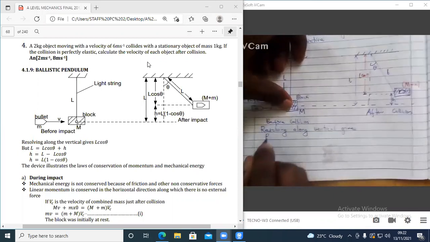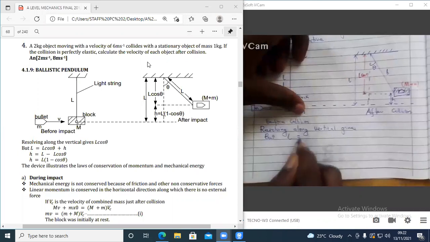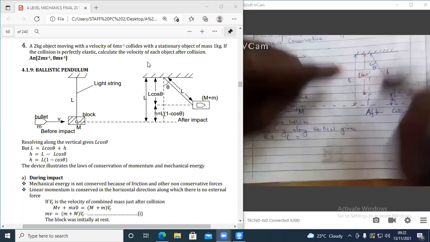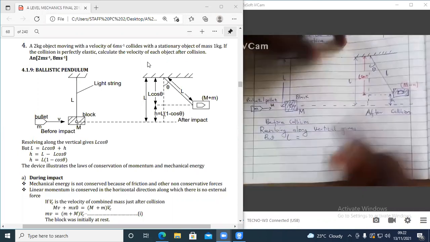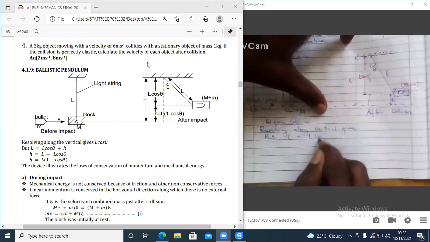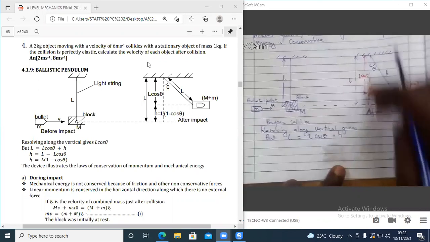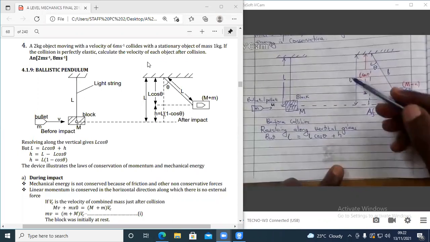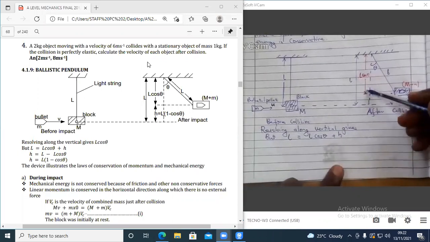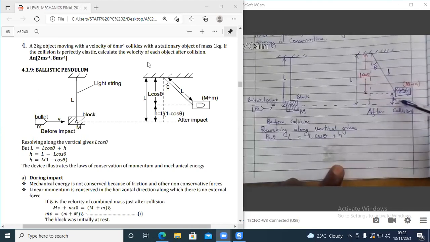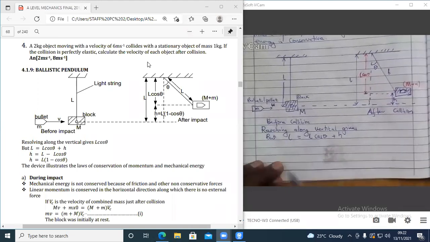But we know that L is equal to L cos theta plus the height, when you are resolving along the vertical. So from there we can use it to find the height.